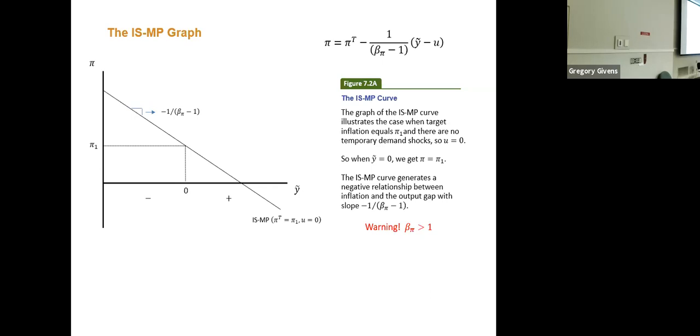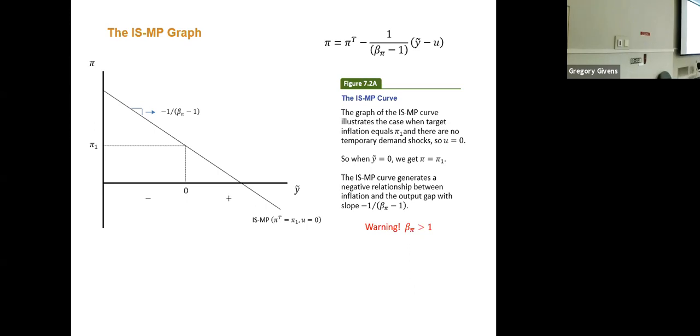So a negatively sloped ISMP curve requires that beta pi be bigger than 1, meaning that the central bank is responding to inflation gaps sufficiently strongly. In particular, it's raising the nominal interest rate more than 1 for 1 in response to an increase in inflation. If it doesn't do that, if it's less than 1, then the ISMP curve is going to have an upward slope to it, okay?